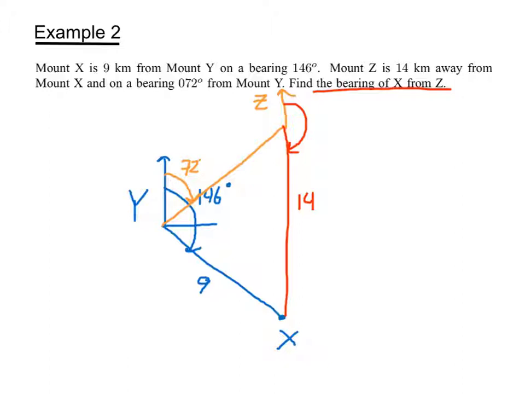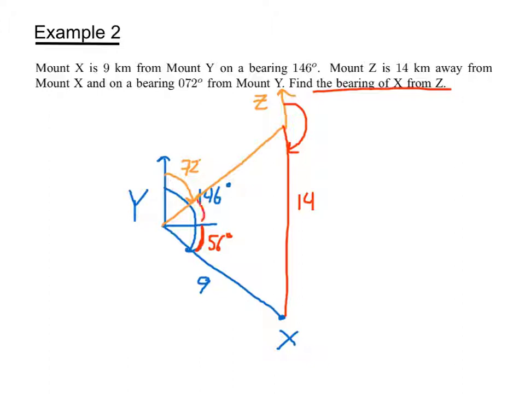Let's fill in as much information as we can about the triangle and then use either the sine rule or the cosine rule to find that bearing. Let's take a look at the angles at Y. We know that this angle right here is 146 minus 90, which is 56 degrees.